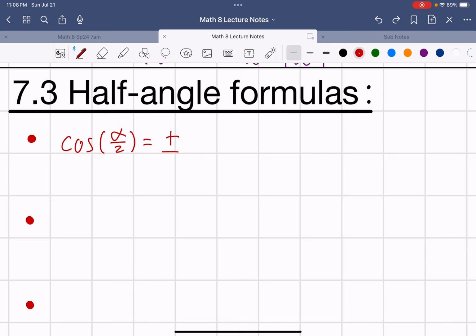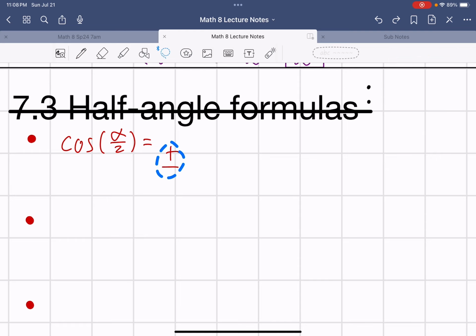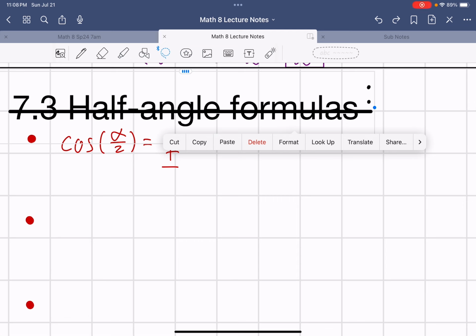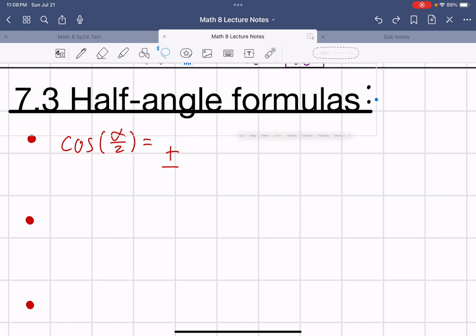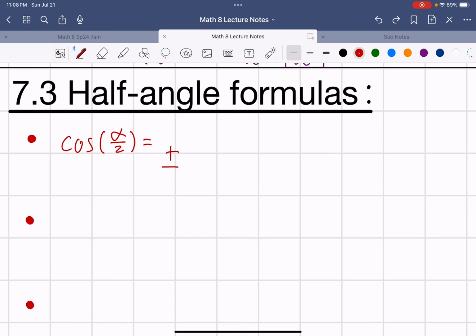equal to plus or minus the square root of 1 plus cosine alpha all over 2.